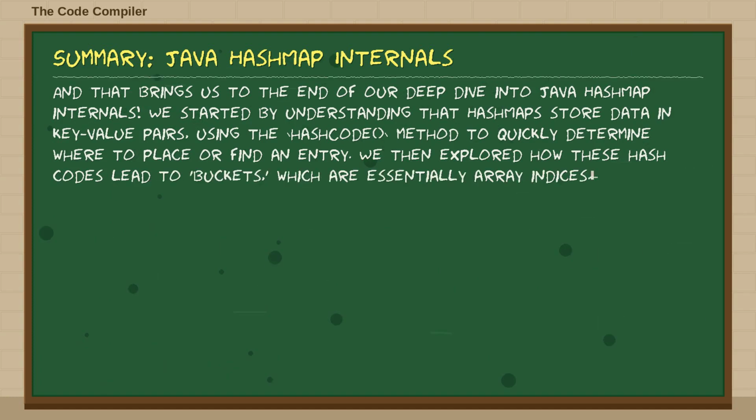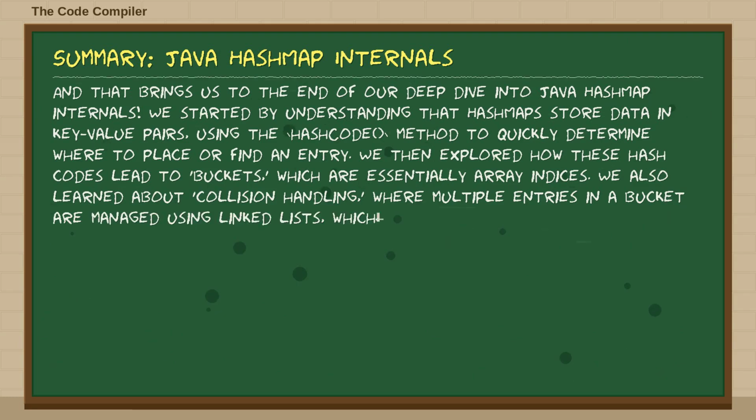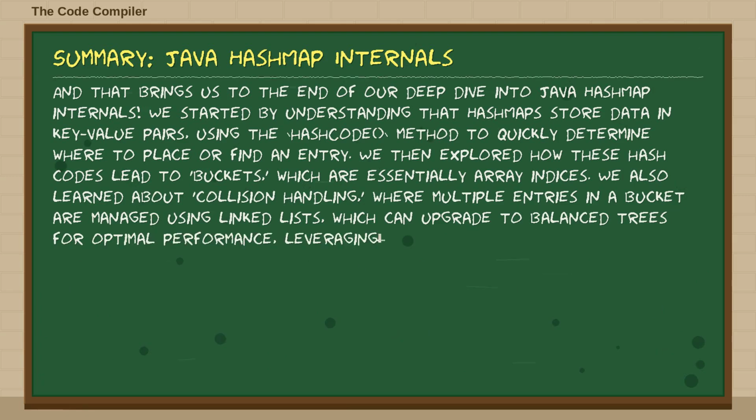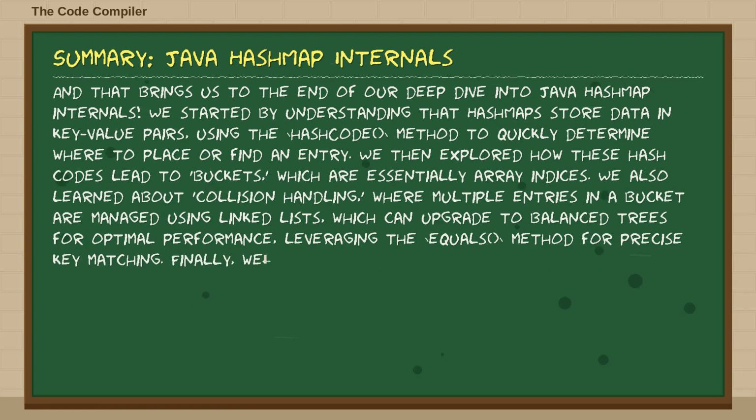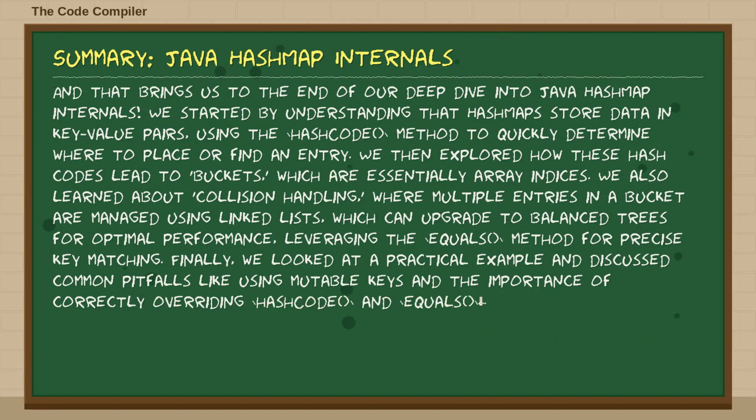We also learned about collision handling, where multiple entries in a bucket are managed using linked lists, which can upgrade to balanced trees for optimal performance, leveraging the equals method for precise key matching. Finally, we looked at a practical example and discussed common pitfalls like using mutable keys and the importance of correctly overriding hashCode and equals methods.